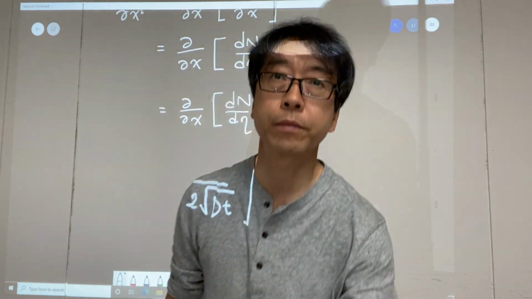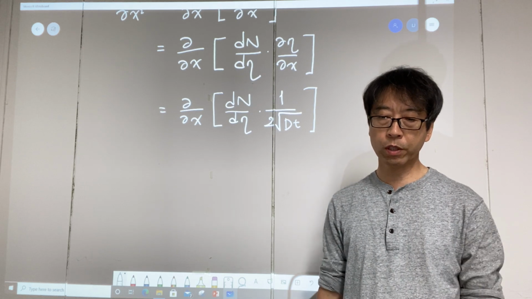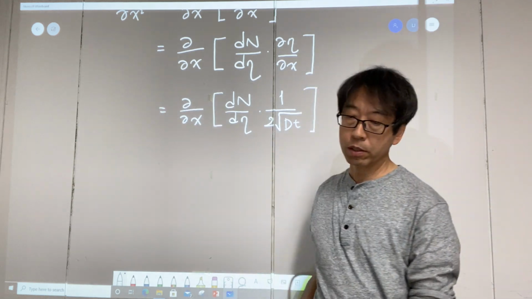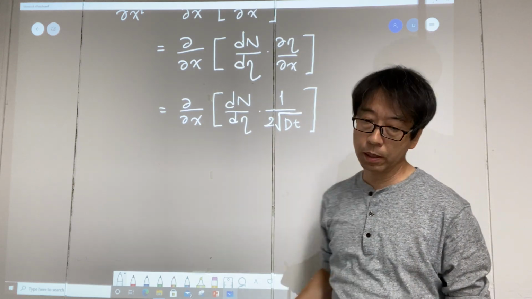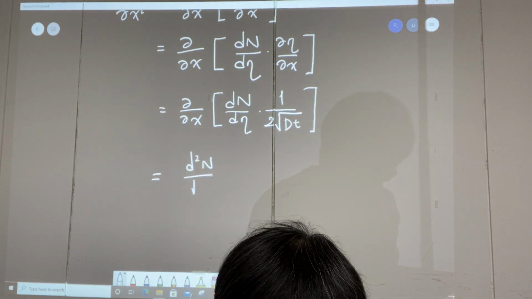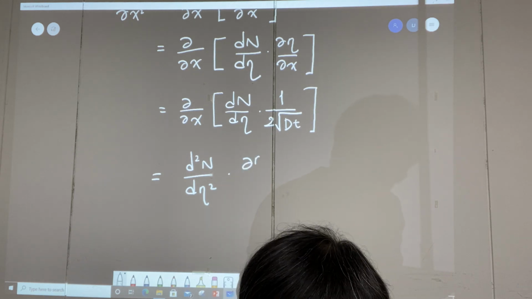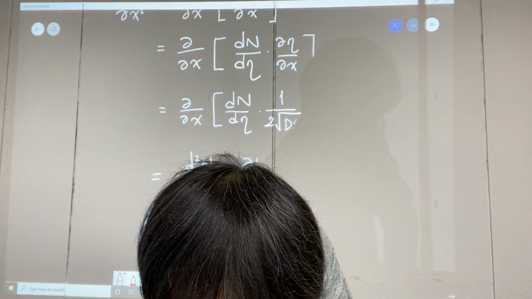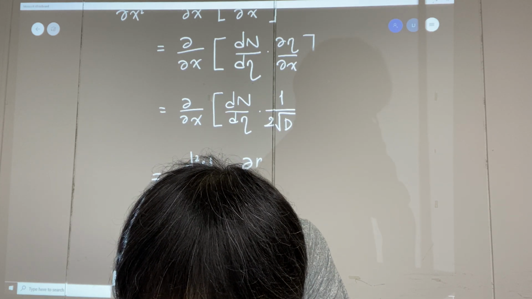All right. And since 1 over square root dt has nothing to do with x, you can just ignore it in applying this partial. When the partial is applied one more time, it'll be d square n d eta square times partial eta partial x, and 1 over 2 square root dt.